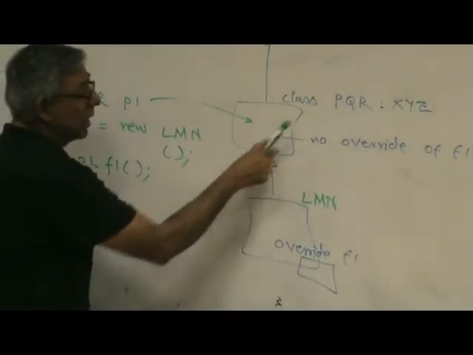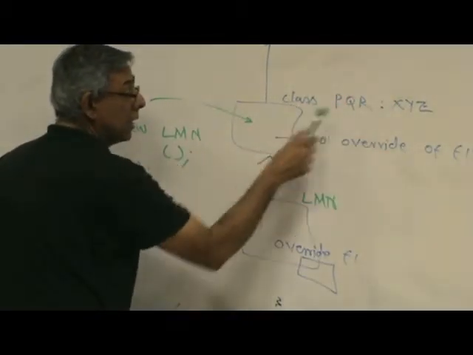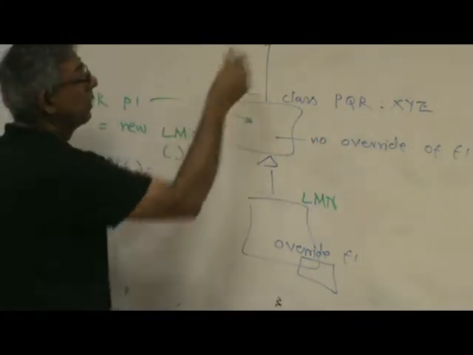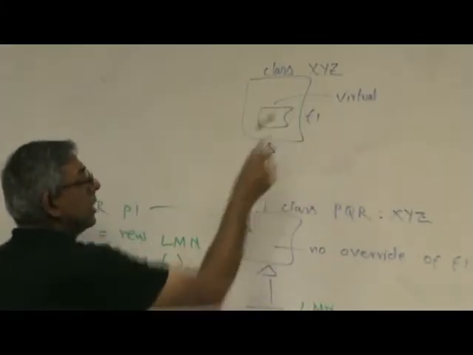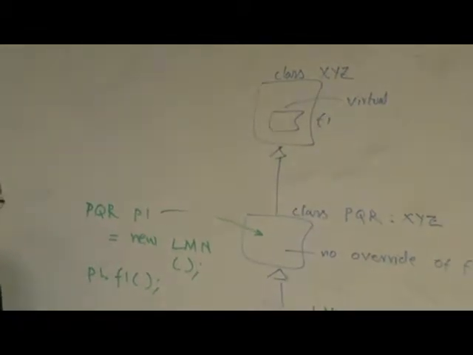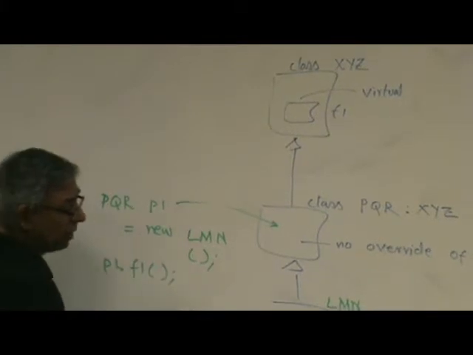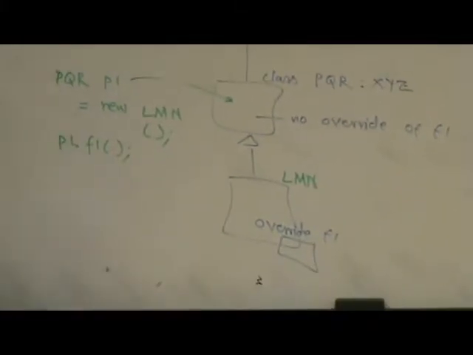There's no F1, but it's inheriting from XYZ. So the compiler will go to the base and see if F1 is declared virtual. If it is declared virtual, it will generate the code to go through the vtable and call this correctly.